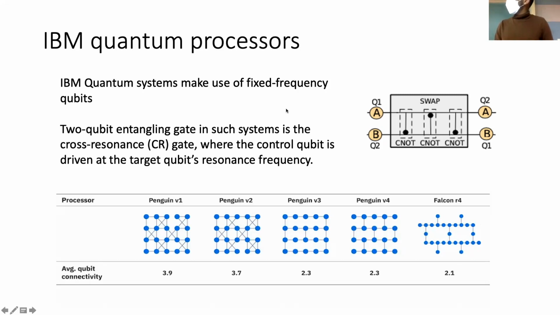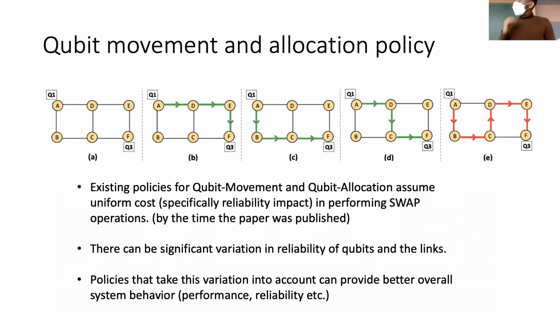IBM systems have a fixed frequency of qubits. If we apply 2-qubit gates in parallel, there could be some collision of frequencies, which gives rise to some sort of error. In order to avoid that scenario, we have a sparse connectivity of qubits. In order to move the information on the qubits, there's qubit movement.